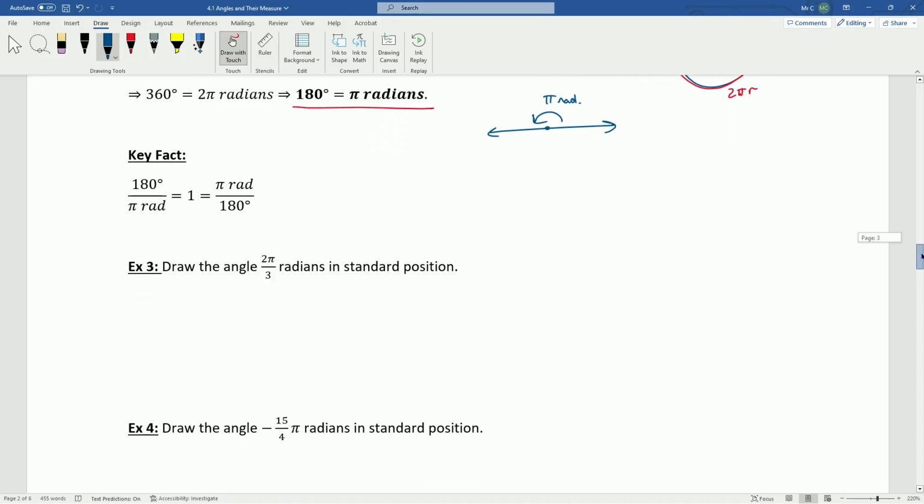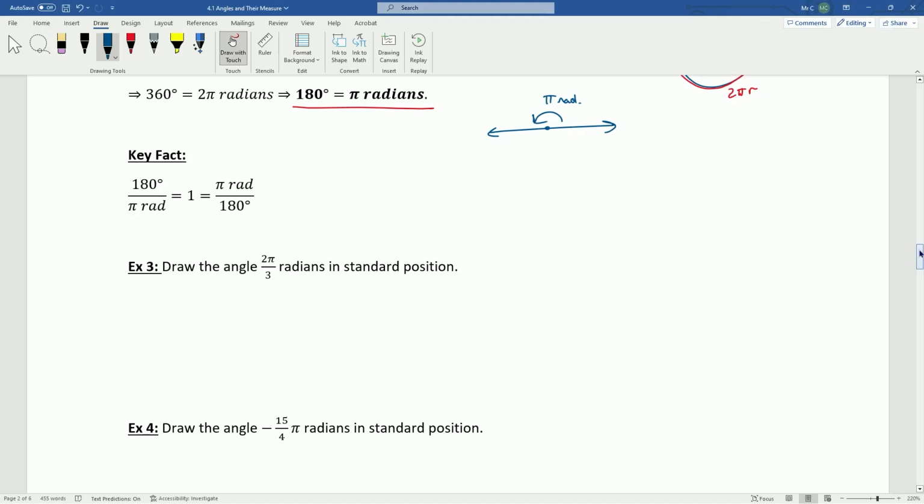Okay, so now how do we start picturing and drawing radian measure? And that's going to be really important. Looking forward a little bit, we're going to start using radian measure all the time. It's going to be really crucial in calculus because radian measure gives us that relationship between the length of the radius and the length of the arc along the circle. And we don't get that relationship with degrees.